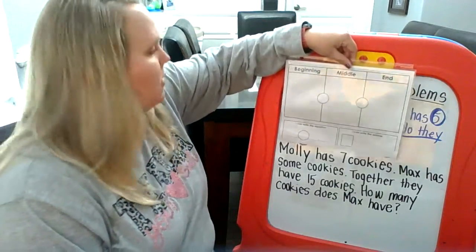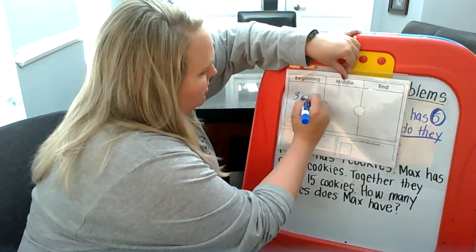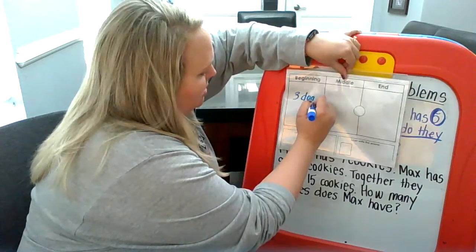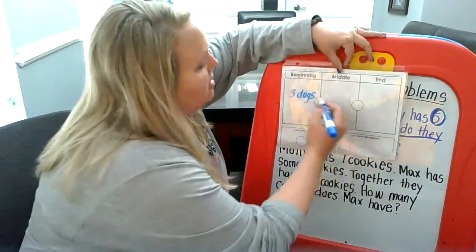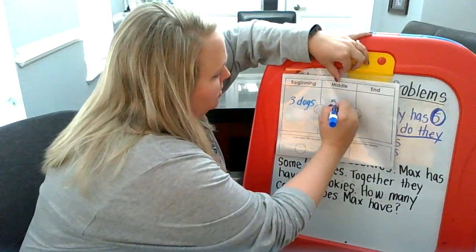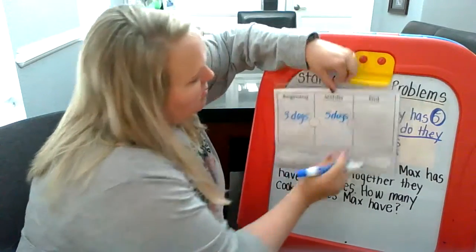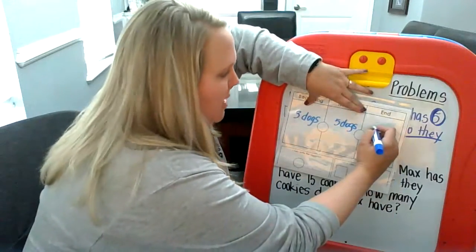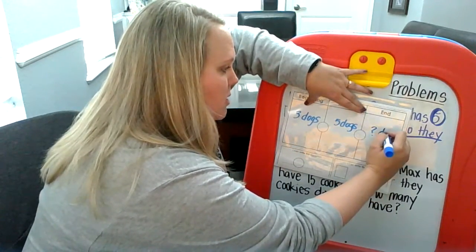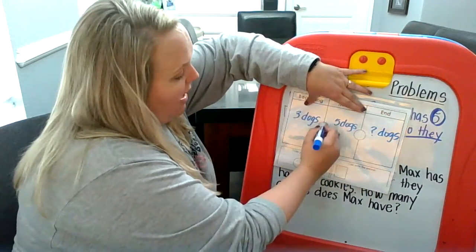So in the beginning of our story, we had 3 dogs, and we always encourage our students to put their labels on there, okay? In the middle of our story, we had 5 dogs. Put that down a little bit. And at the end of the story, we don't know how many dogs we have. So we're going to put a question mark, and we're going to put dogs. We don't know how many dogs. We decided that we were going to add.